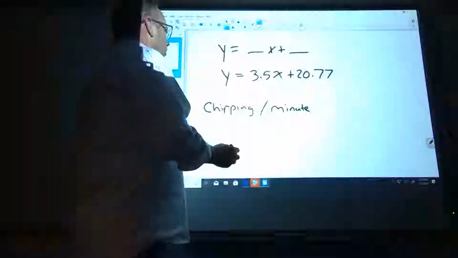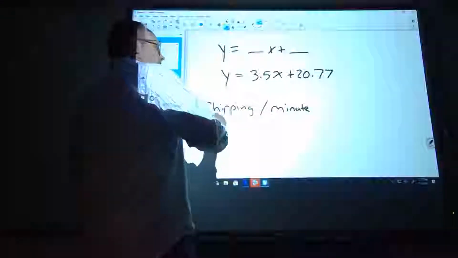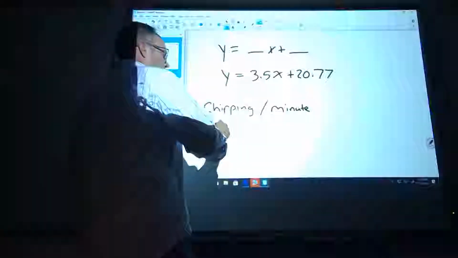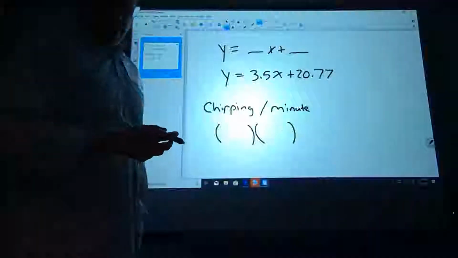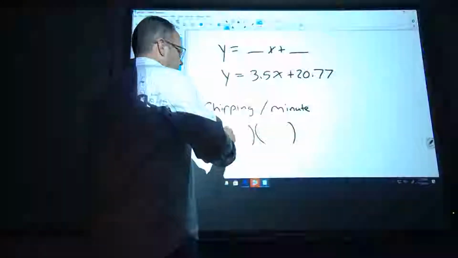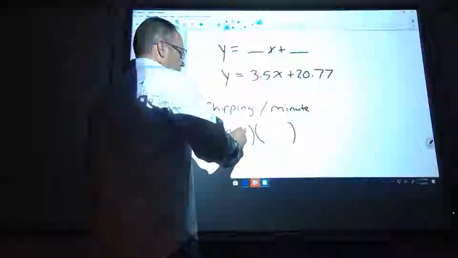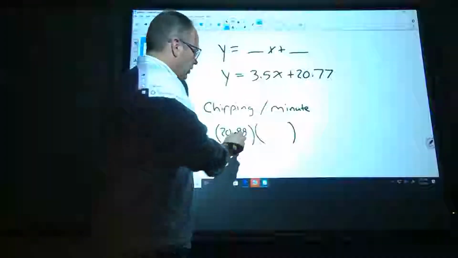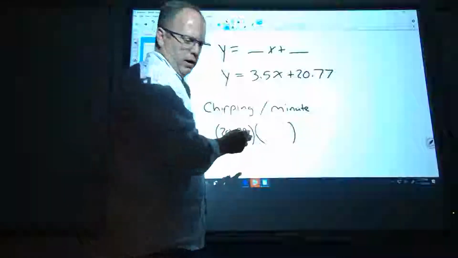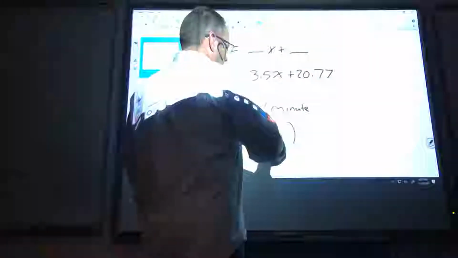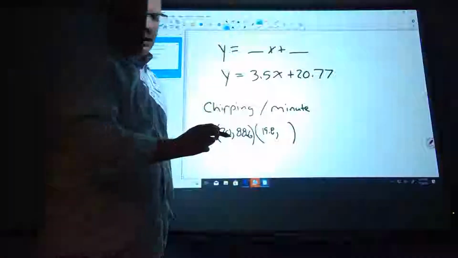So think about what our slope is. If you had looked at our points, let's say we had 20, 88.6, that was one point, and I'm just picking another point, 19.8, and 19.8 was at 93.3.